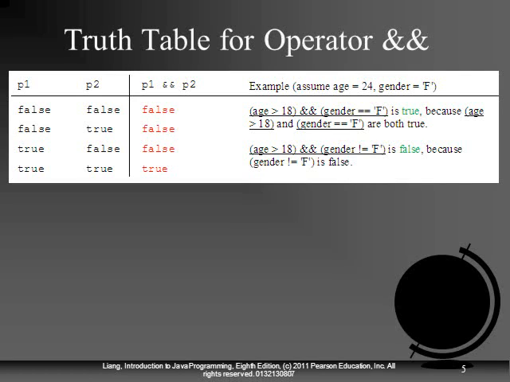It won't go on to test proposition 2 because it knows it doesn't have to. It says, I know that I'm dealing with an and in this case, both have to be true, so if the first one's false, I don't need to check the second one. That's called short circuiting.